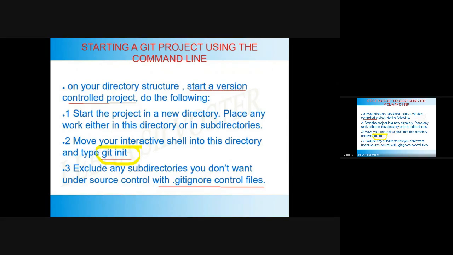Exclude any subdirectories you don't want under source control with the .gitignore control file. So before issuing git init, you have to include all the directories in your project directory. And if you want to exclude any subdirectories, you have to include a .gitignore control file.